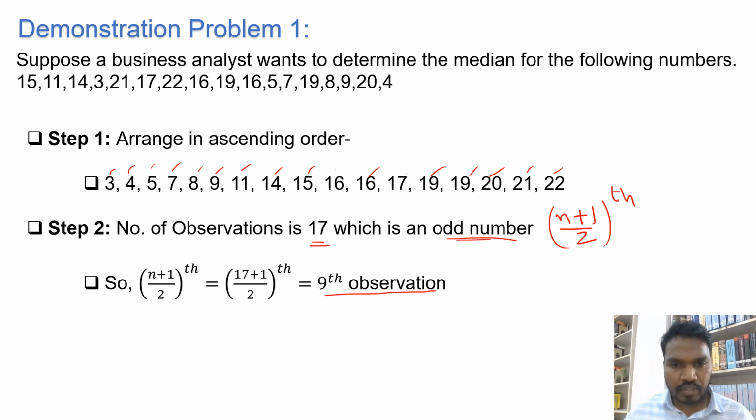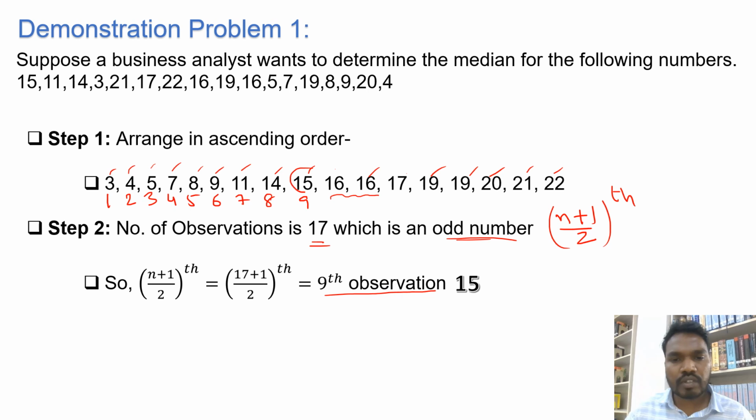Now look, even if a number is repeating, you should arrange in that order only. You should not take it only once. If the number is repeating, you should consider it as many times as it appears in that same order. So you need to be very careful. So here, the ninth observation is what? 1, 2, 3, 4, 5, 6, 7, 8, 9.